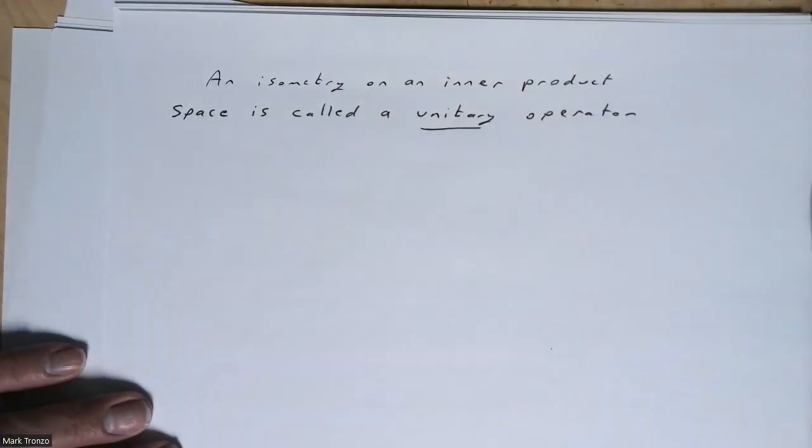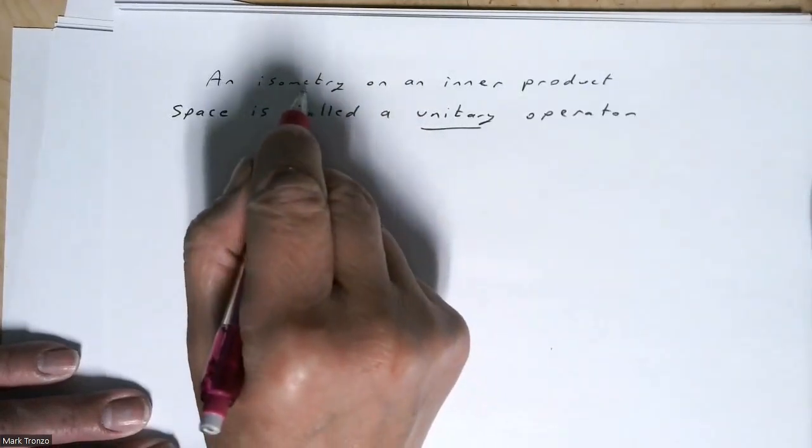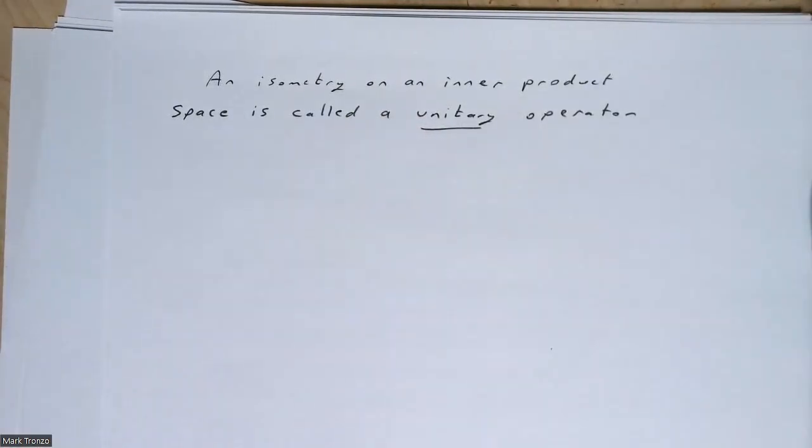And remember, we said an isometry preserves inner products. So again, this is just one definition.